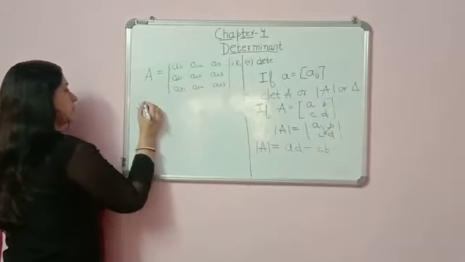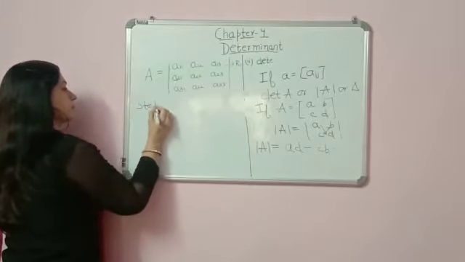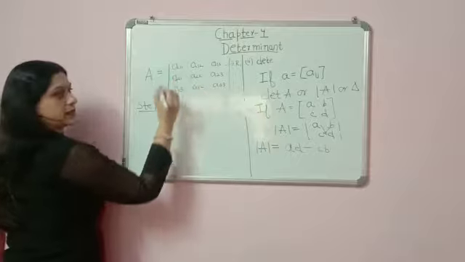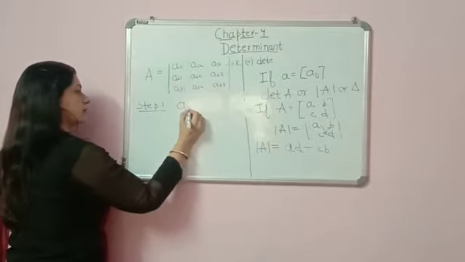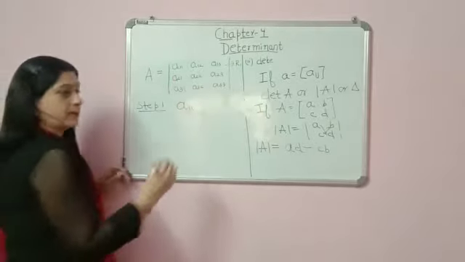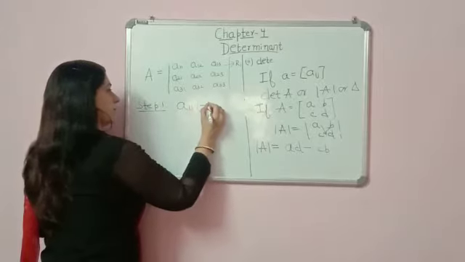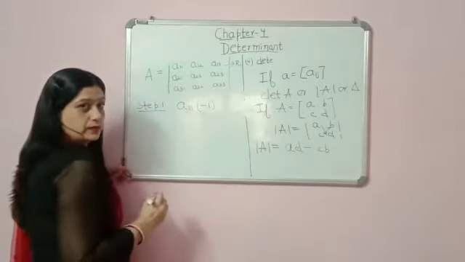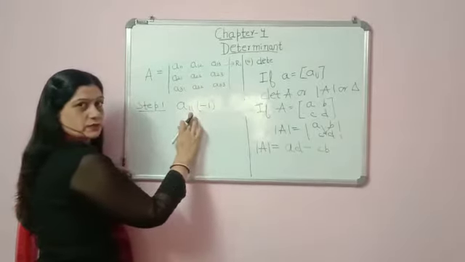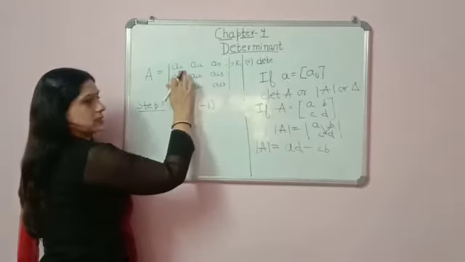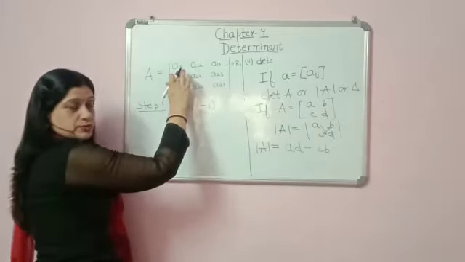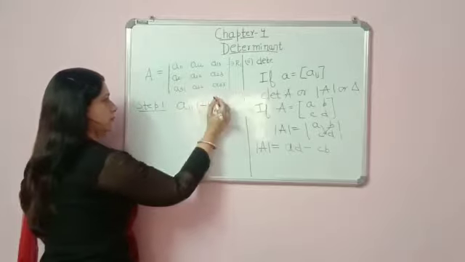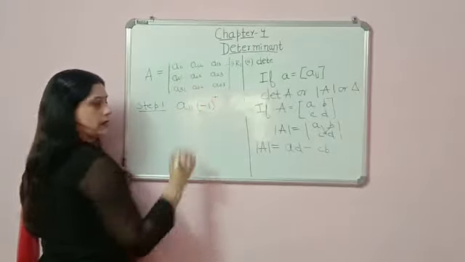Step 1 is: take the first element a11 and multiply it with -1 to the power of the sum of the suffixes of this term. This term belongs to the first row and first column, so 1 plus 1.